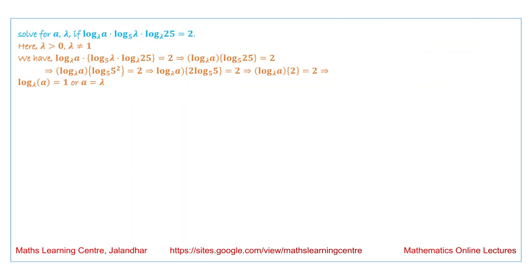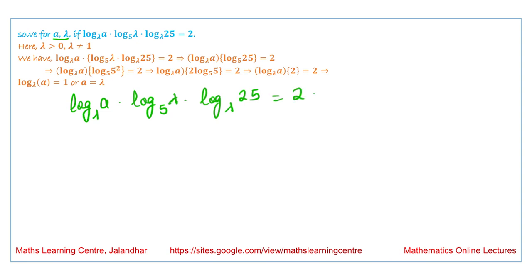Next is solve for a and lambda. If it is given that log of a to the base lambda into log of lambda to the base 5 into log of 25 to the base lambda is equal to 2.